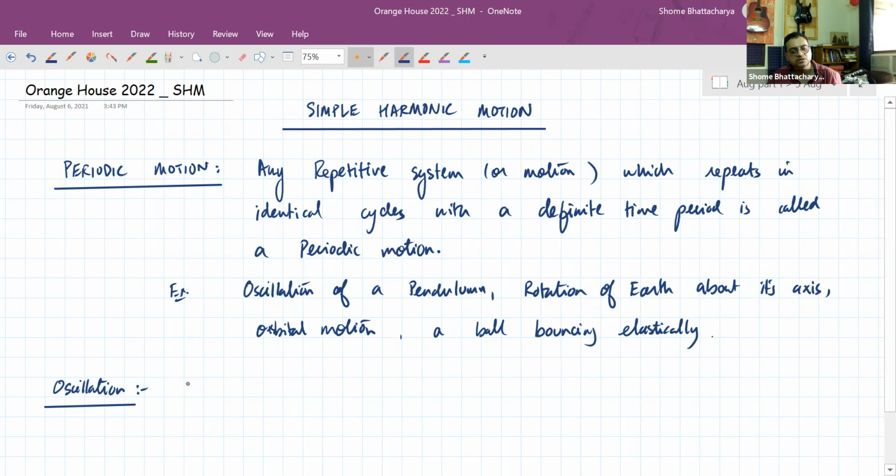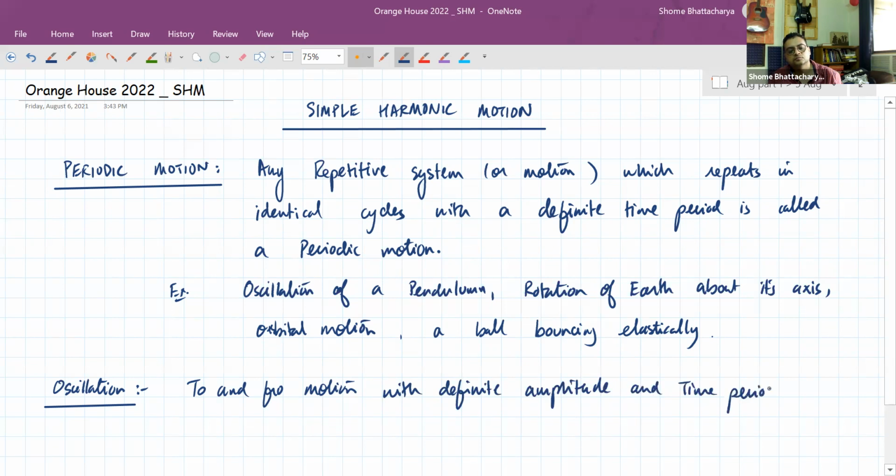So an oscillation is a to and fro motion with definite amplitude and time period with respect to a mean position.